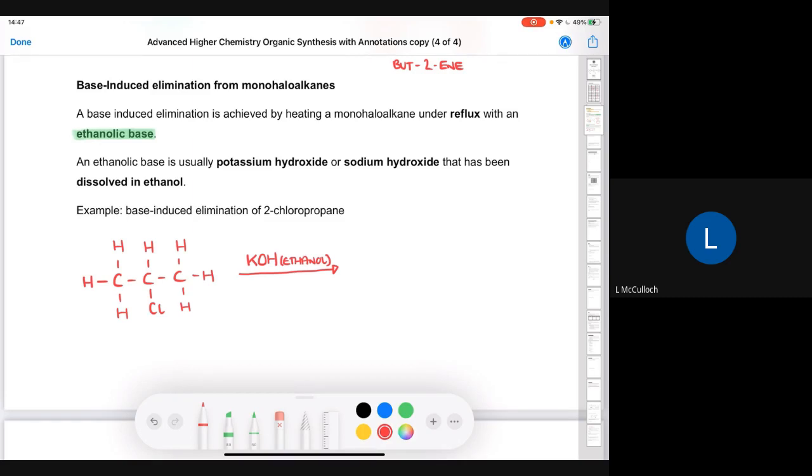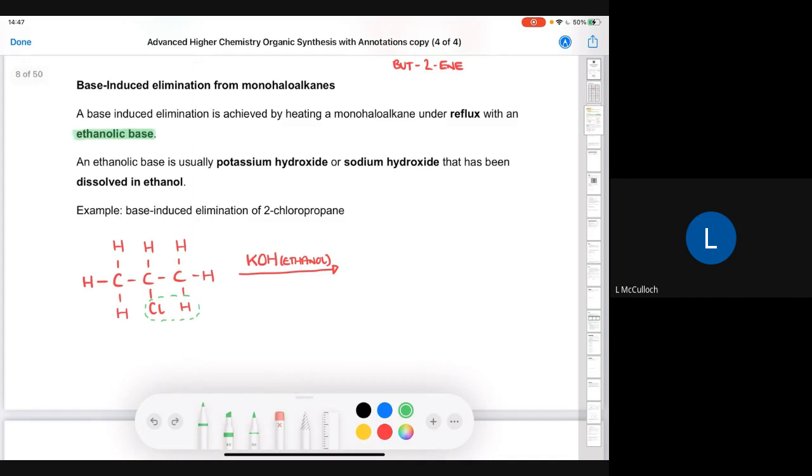Now, for this particular reaction, we are going to remove the chlorine and a hydrogen from a neighbouring carbon. So, in theory, we could remove the chlorine and the hydrogen on the right, or we could remove the chlorine and the hydrogen on the left. But no matter which one you do, you're going to end up with the same product. Okay?